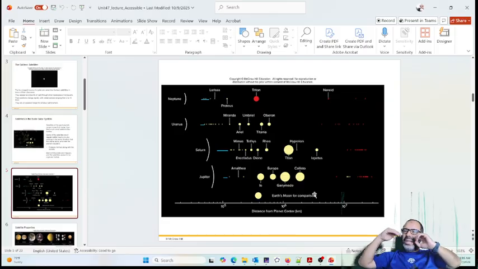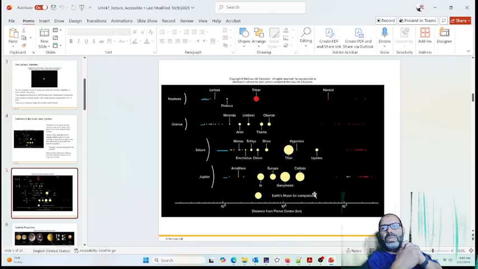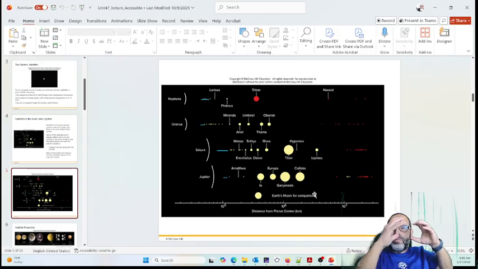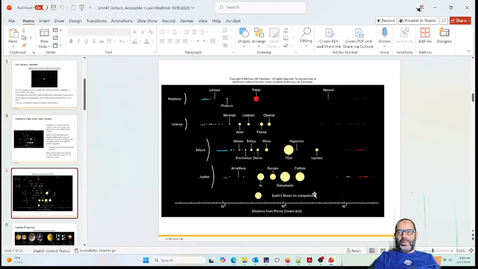And number three, they are also tidally locked, meaning they face their host planet with the same face, like the Earth's moon. We see only one face of it. So all of these things are an indication that this was probably formed from the same stuff and at the same time as the planet.